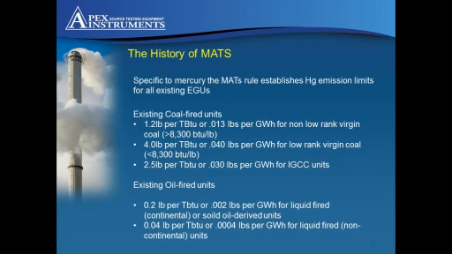In our experience, most utilities fall under the non-low rank coal limits as outlined on this slide on the first row under existing coal-fired units. It shows that the mercury limit for such units is 1.2 pounds of mercury per trillion BTU, or expressed another way as 0.013 pounds per gigawatt hour.